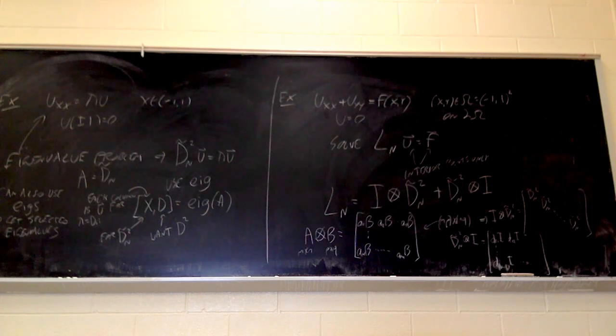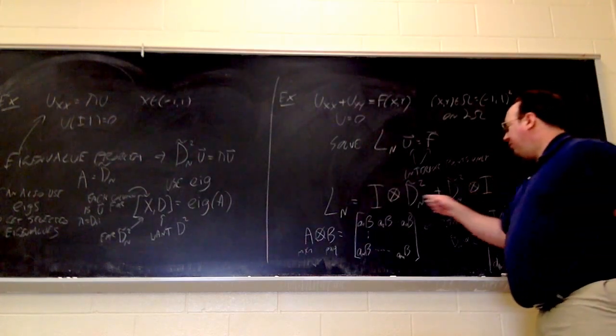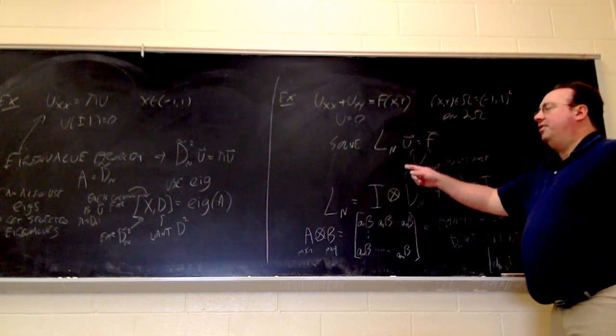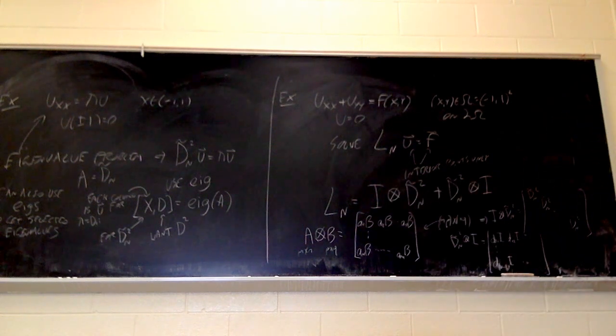Now, one of these terms, this term or this term, is for the second partial derivative with respect to x. The other is for the second partial derivative with respect to y. As far as which is which, that depends on how you choose to order your grid points within this vector.